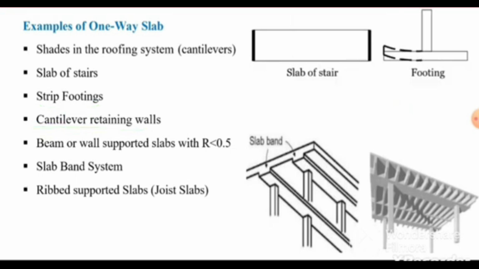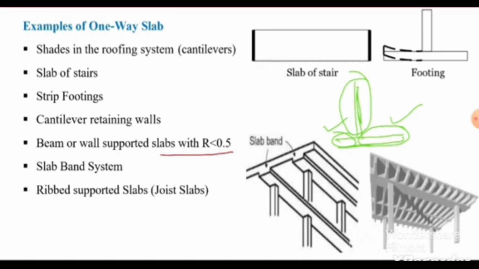Here in case of cantilever, one side is longer and the other side smaller, and similarly this vertical wall or stem is also considered as a slab. We can consider this stem as a one-way slab. Similarly, the foundation we can also consider as a one-way slab, both sides, this side as well as this side.